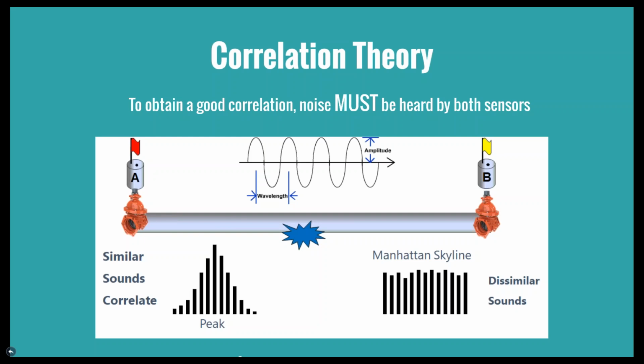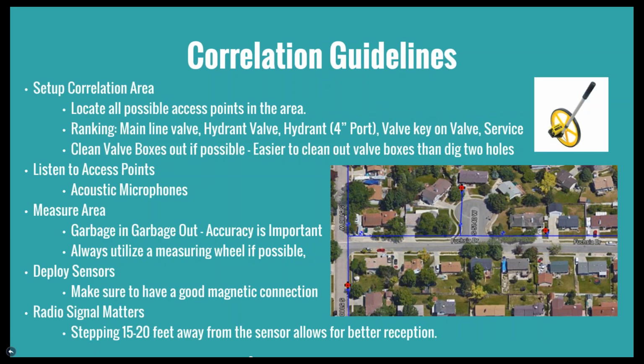Ways to minimize those dissimilar sounds is to reduce the distance between your correlators if possible. And even if you do have places where you don't have a real good peak, using ground sounding equipment to verify if there is a leak in that section of pipe. Go ahead, Noah.